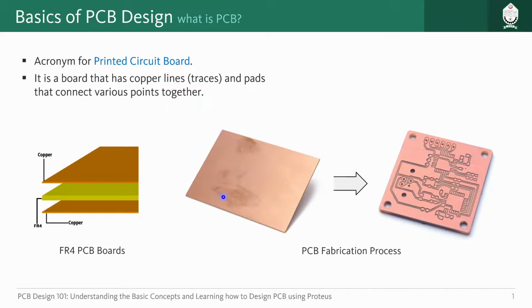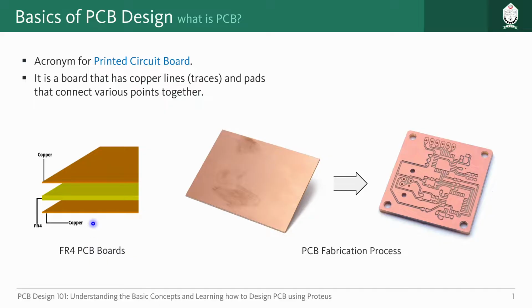So this here is a FR4 board, and in FR4 board there are basically three layers. The top layer is copper, the bottom layer is copper, and in the middle we have an insulating material which is called FR4. That's why it's called FR4 PCB boards.